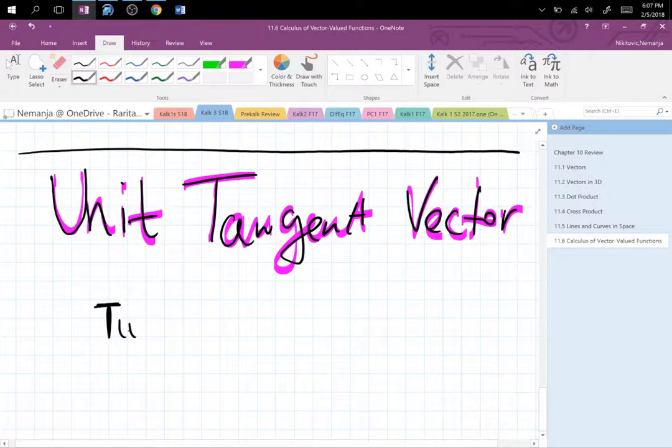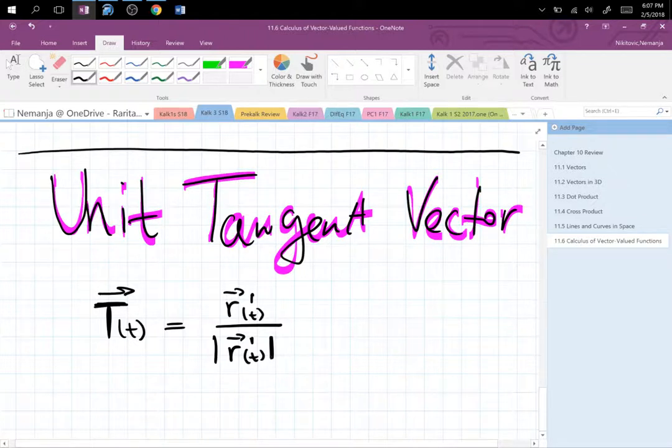The unit tangent vector, which is denoted with a capital T, is going to be r prime of t divided by its magnitude, obviously. We know that to make a unit vector, we just divide the vector by its magnitude. So the unit tangent vector is r prime divided by its magnitude.